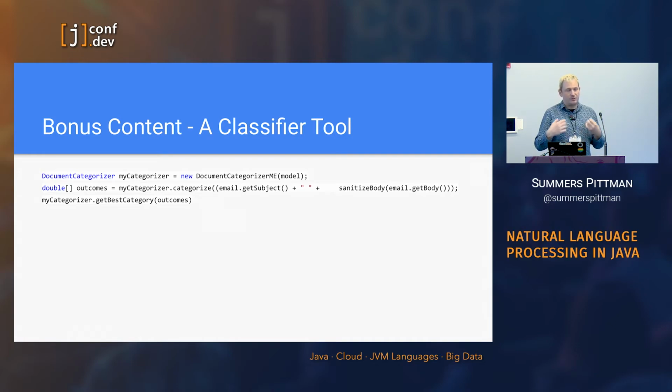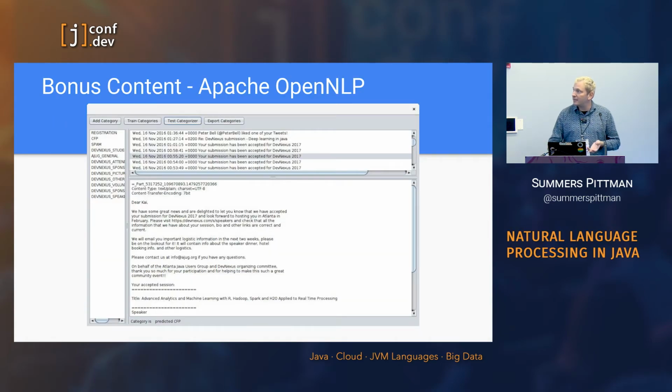And you can even ask it for the best category given your outcomes, and it looks a little bit something like this, where I made a simple browser for all of these emails, and when I click on something that hasn't been categorized, it can tell us at the bottom of the screen its best guess. In this case, the category is predicted to be a CFP, and sure enough, it's a CFP.